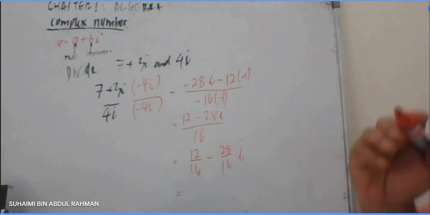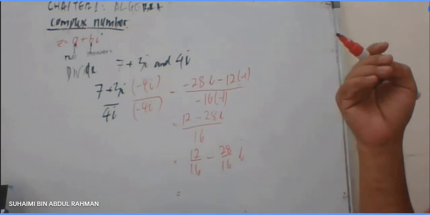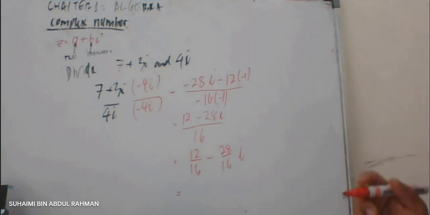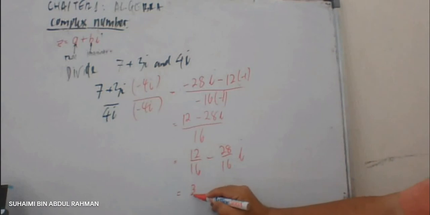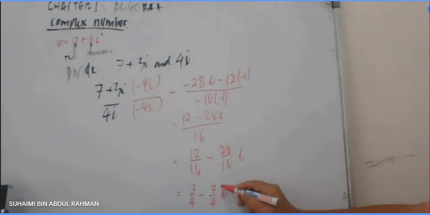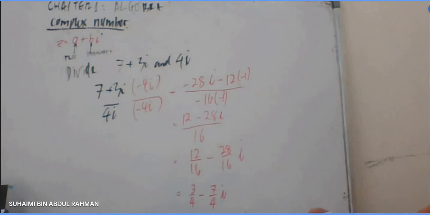So we simplify: 3 over 4 minus 7i over 4. 7 over 4 i. Right.